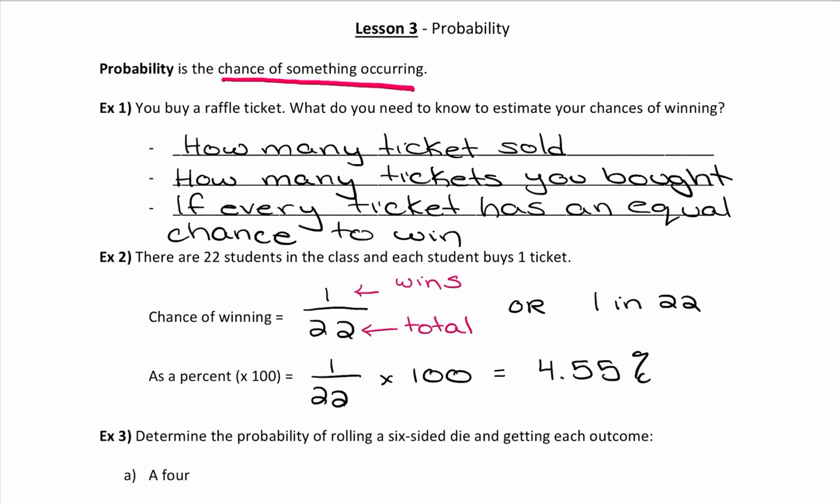This is going to end up being 4.55%. Okay? So if you think about what you saw in your calculator to start, you had 4.5454, and so on and so on. You're looking at the third number to help you decide what to do with the second number. Since that third number is 5 or more, the second number is going to bump up.